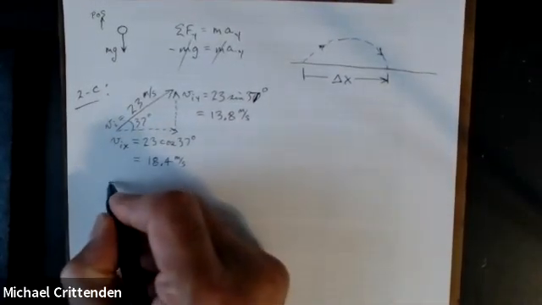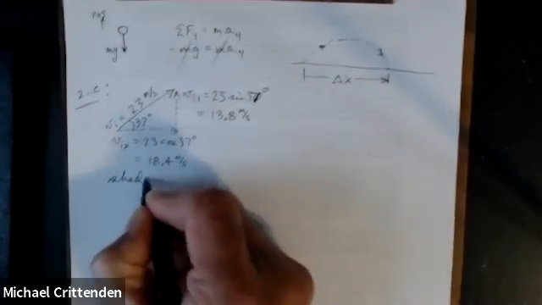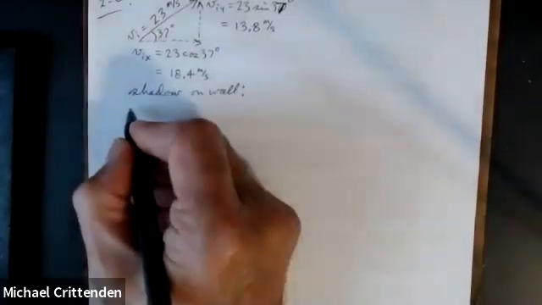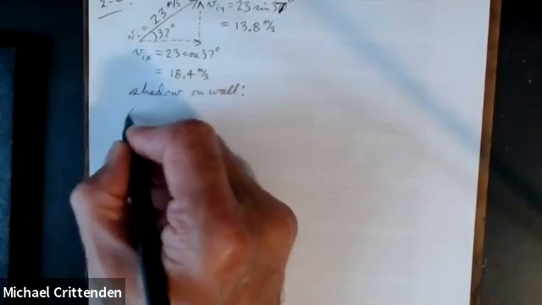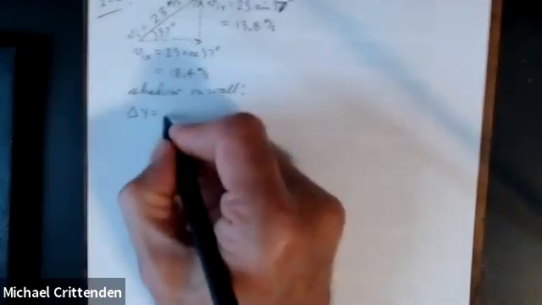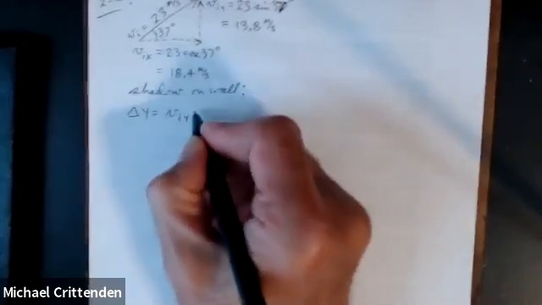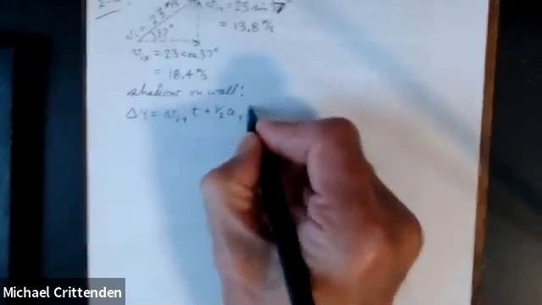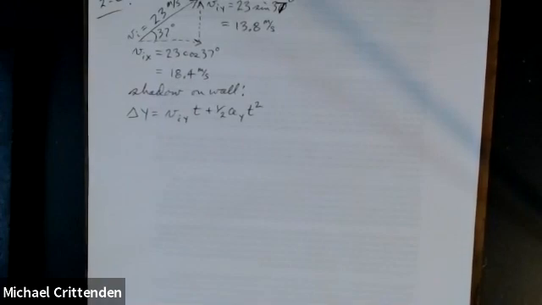Shadow on the wall. Delta y. Take the equation I was just talking about and stick y subscripts all over it to indicate we're talking about the y components.